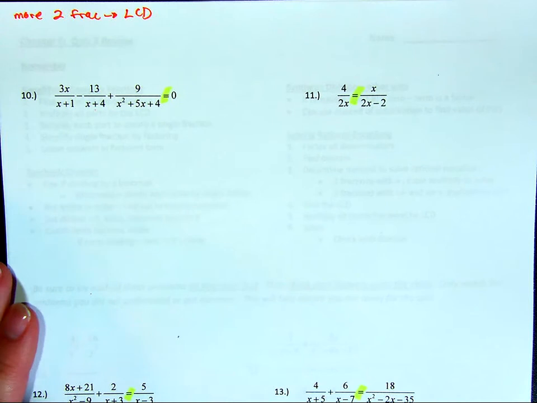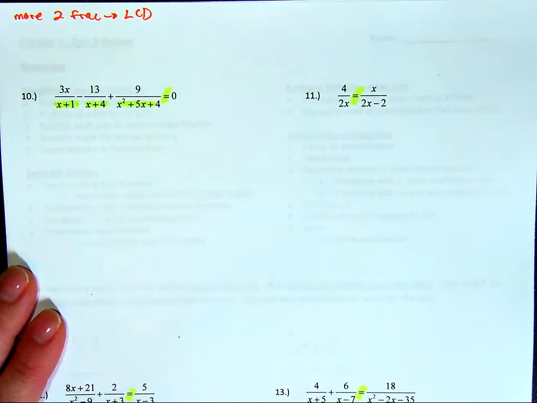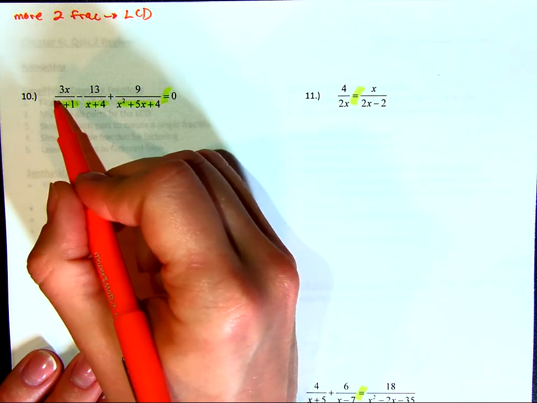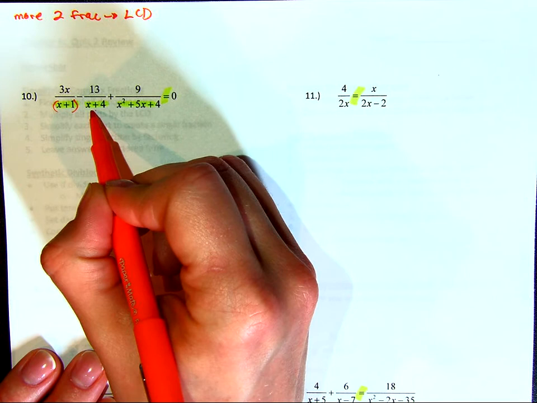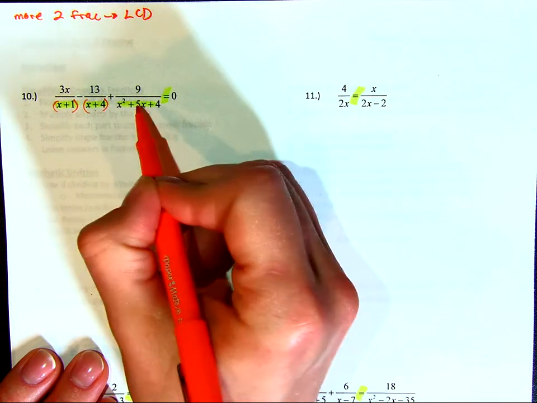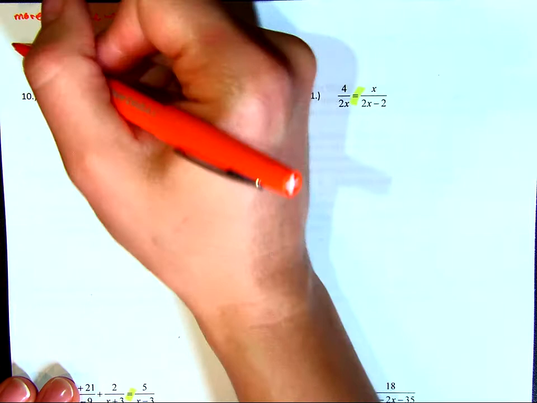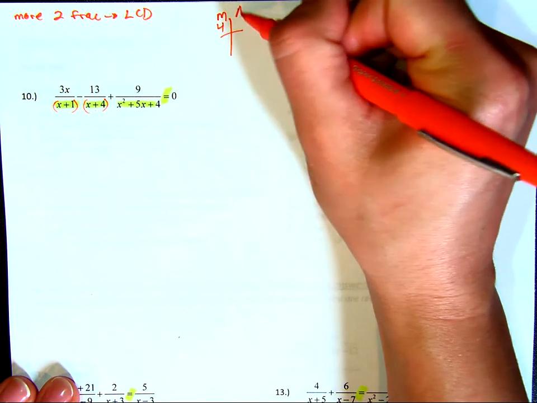So if I'm going to use an LCD, that means I need to factor all of my denominators as a first step. Well, there is no GCF here, and there's no exponent, so we leave it x plus 1. Again, no GCF in x plus 4, no exponent, leave it as it is. This one, however, we need to factor, so we can think about this as what multiplies to our last 4 and adds to the middle 5.